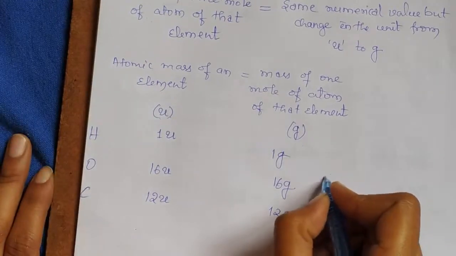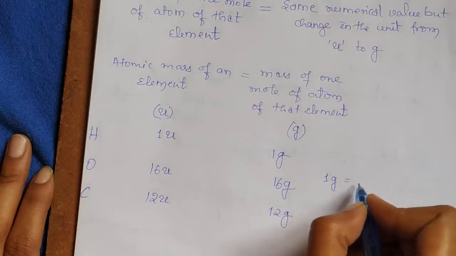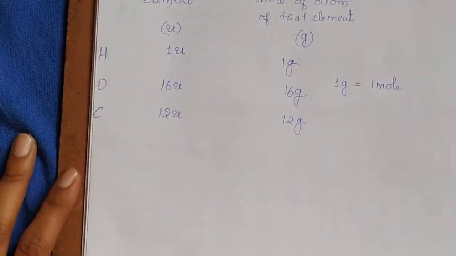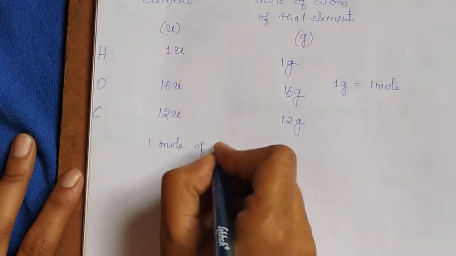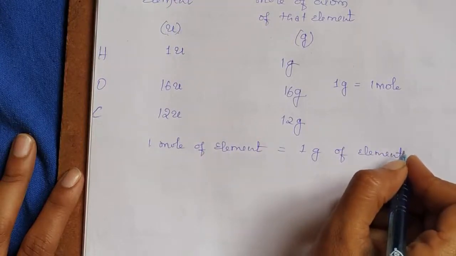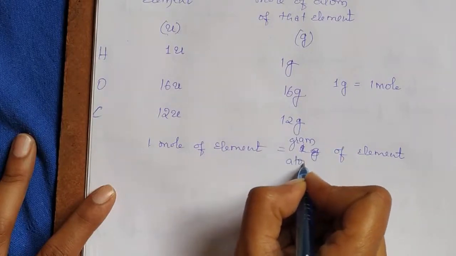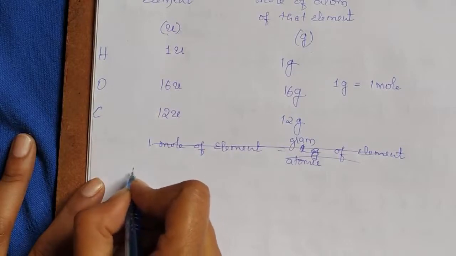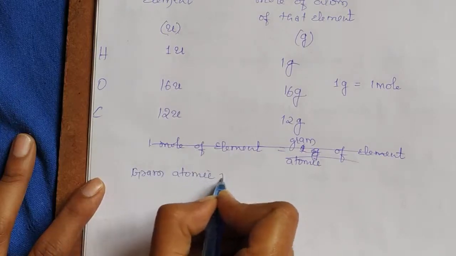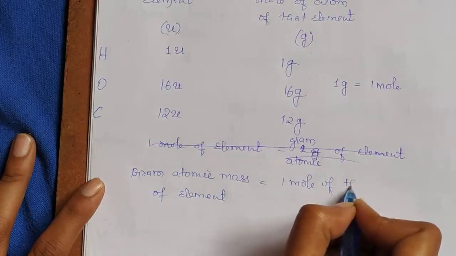But remember, 1 gram atomic mass of an element is equal to 1 mole of that element.